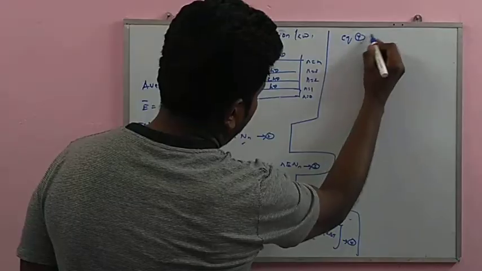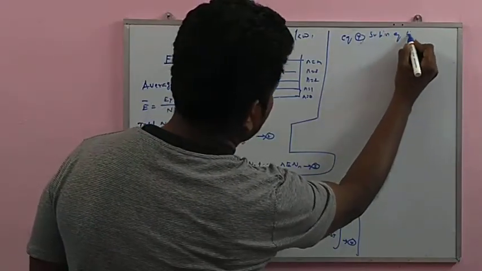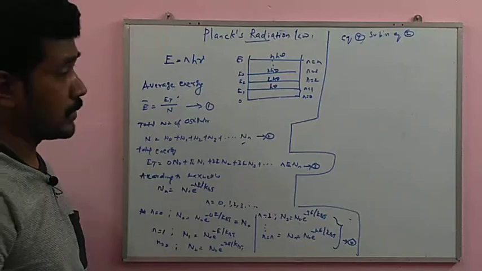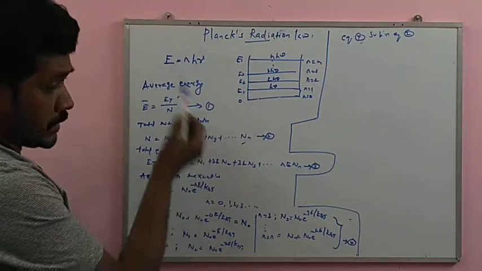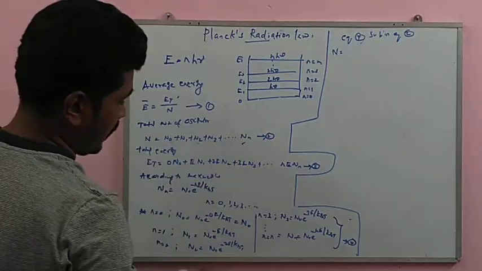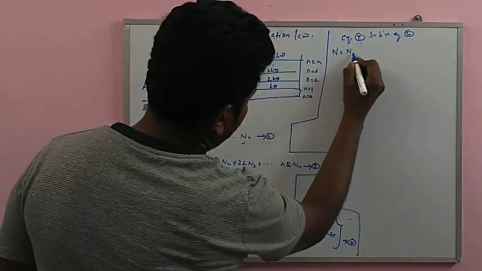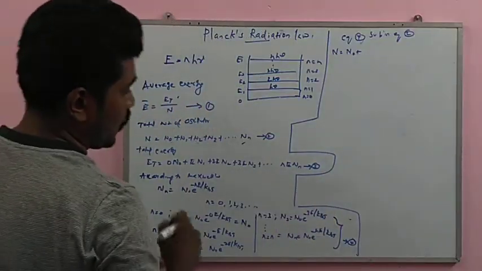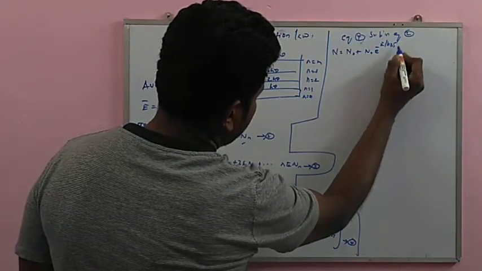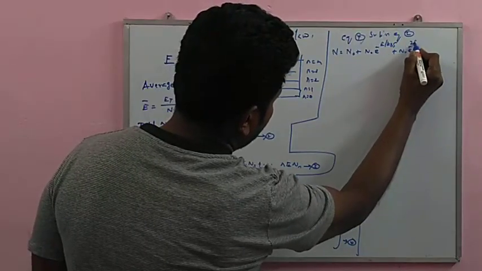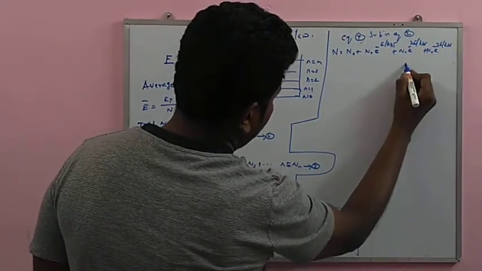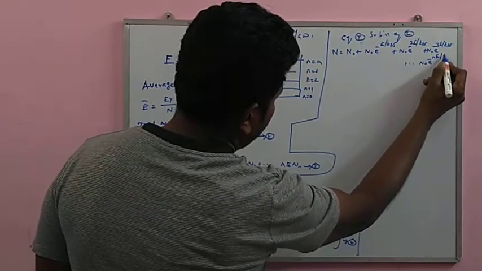Equation 4 gives the values of N0, N1, N2, N3, and so on. So the total number of oscillators N is equal to N0, plus N1, which is N0 e power minus E by kBT, plus N2, which is N0 e power minus 2E by kBT, plus N0 e power minus 3E by kBT, plus etc., up to N0 e power minus nE by kBT.